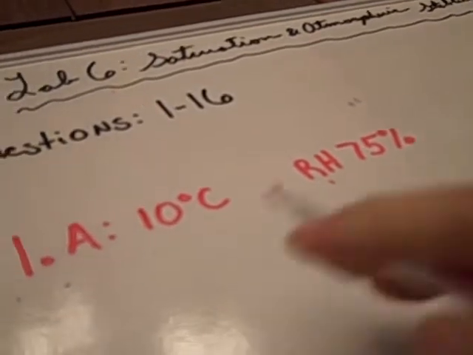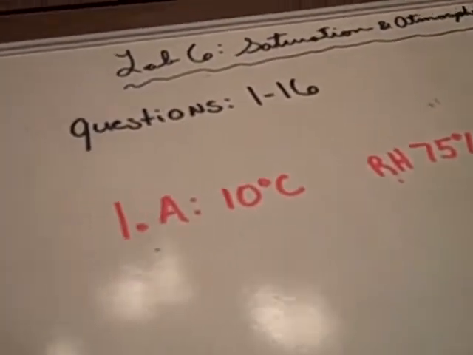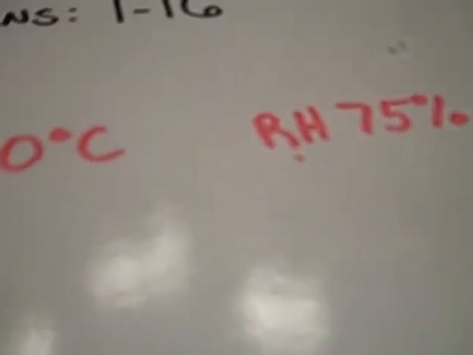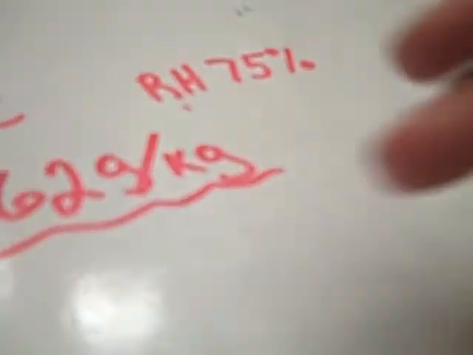If I look it up on Table 6.1, which might be blurry and I apologize, at 10 degrees I come up with 7.762, and that's going to be grams per kilogram, and that's my answer for 1A.